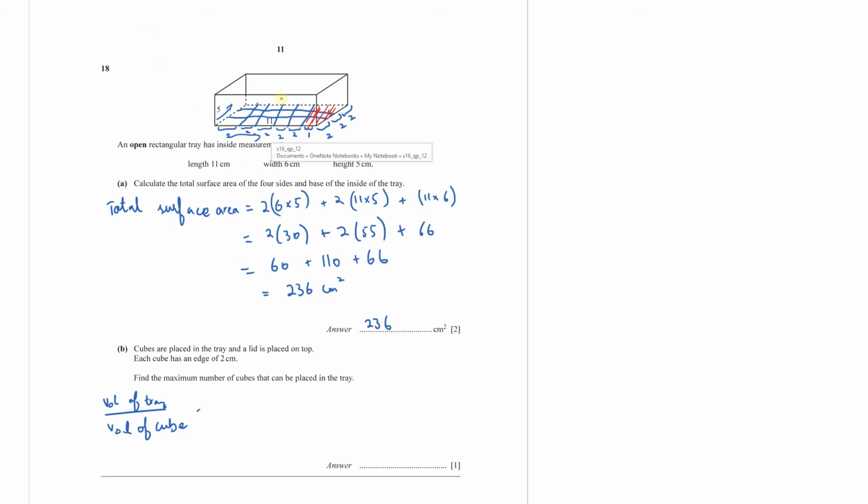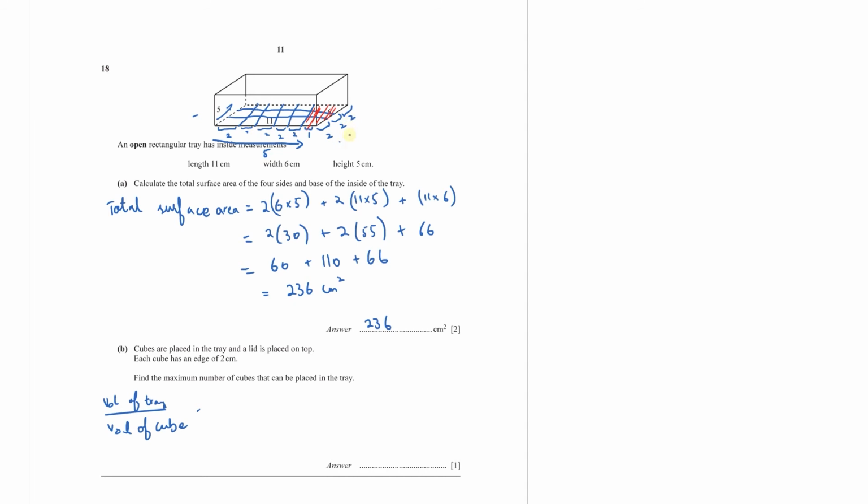At the base of this tray, how many cubes can you fit? 5 can fit in this direction because you have 2, 2, 2, 2, 2. So how many there? 1, 2, 3, 4, 5. So in this direction, you can fit 5 cubes.